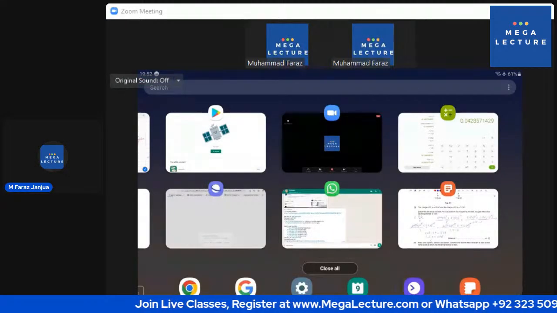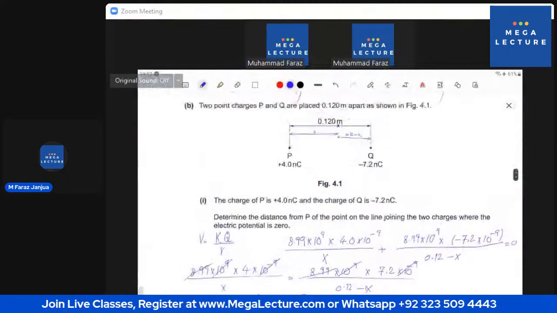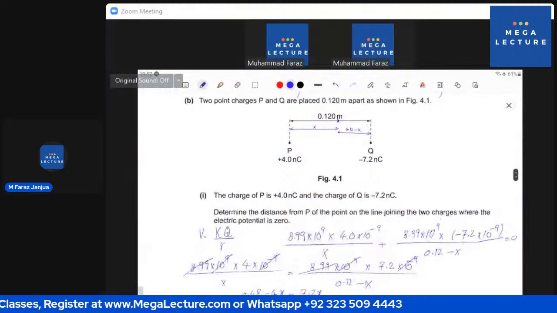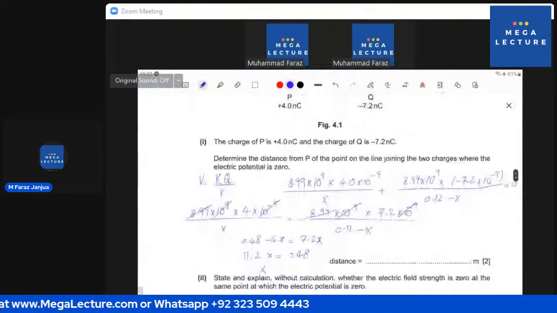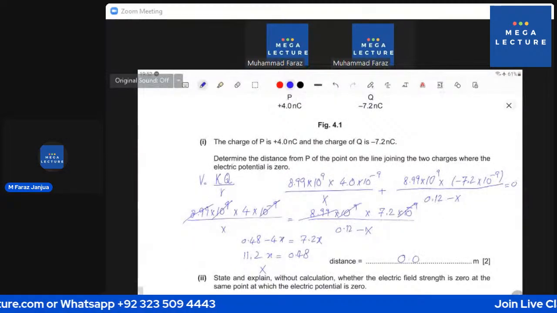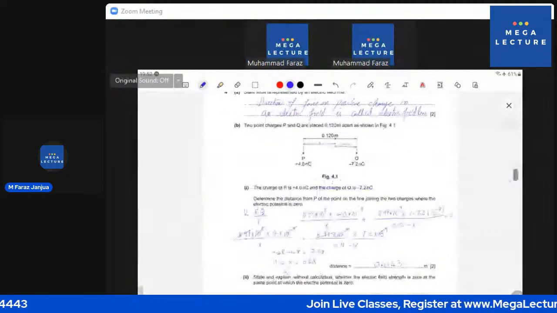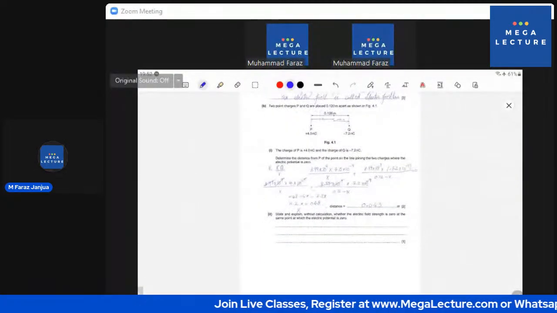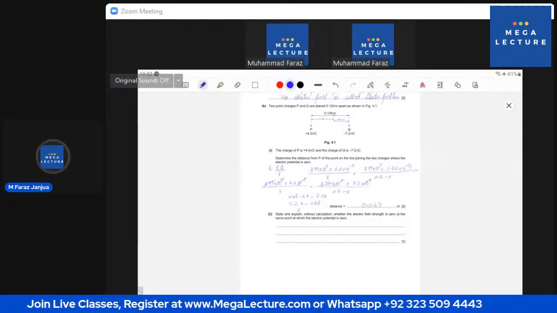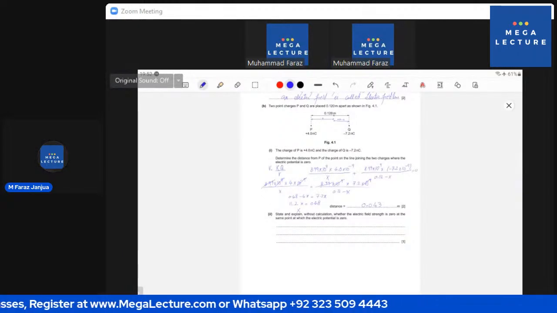Explain whether the calculation shows that the electric field strength is zero at the same point at which the electric potential is zero. Actually, electric field strength is the gradient of the electric potential graph.